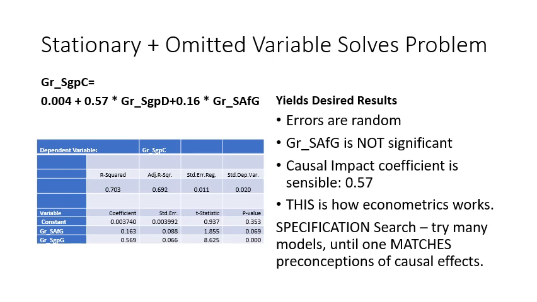And we find that when you run this regression, then the Singaporean growth rate is significant and the South African growth rate is not significant, and the errors are random, and the causal impact coefficient of the Singaporean GDP is a sensible value of 57%, and the coefficient of South African is not significantly different from zero, in the sense that the null hypothesis that it is zero cannot be rejected by the data. So basically you can defend this second equation, and this is how econometrics works.